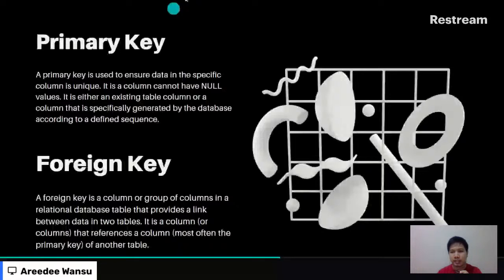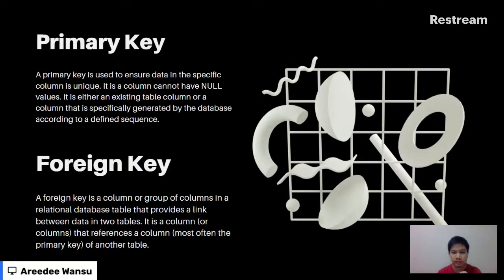So, what is the primary key? A primary key constraint is a column or group of columns that uniquely identifies every row in the table of the relational database management system.